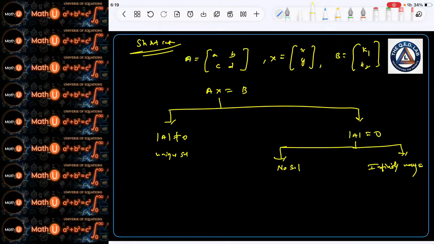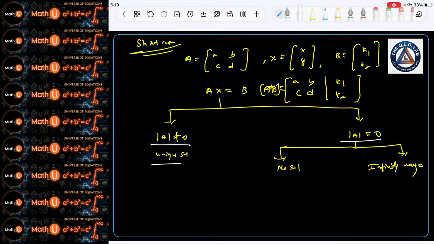Again, see, you get a system like this. If you write the augmented matrix like this, A, B, C, D, K1, K2, and find that determinant of A is not equal to 0, it is a unique solution. If determinant of A is equal to 0, there are two cases, no solution or infinitely many solutions.